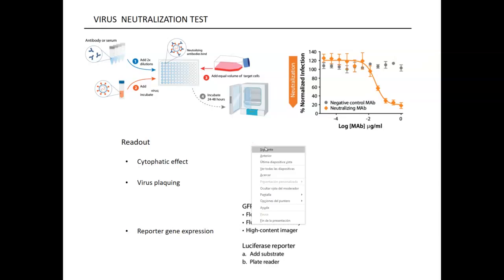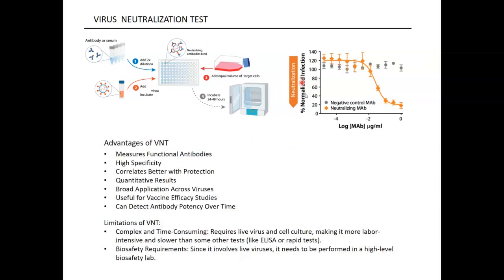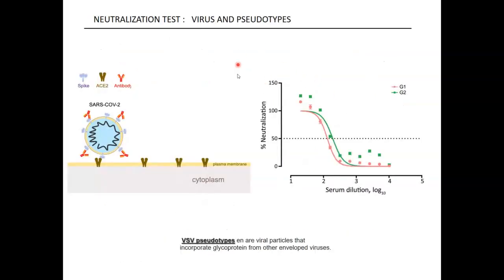This technique usually requires the growth of the pathogen and usage of the pathogen, but it has several advantages. In principle, we can reduce all this to saying that it's more physiological than the other techniques.